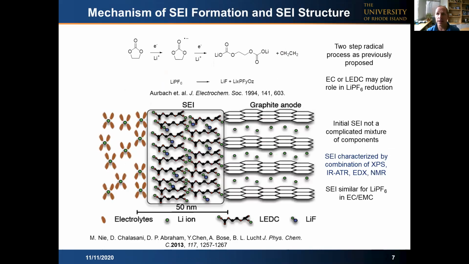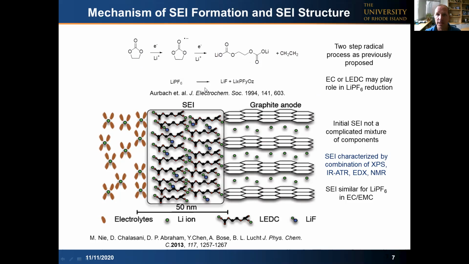So with this in mind, the combination of online OEMS and XPS and SEM and TEM and IR spectroscopy reveals that on the first cycle, the initial formation cycling for an electrolyte composed of EC and LiPF6, the predominant reaction occurring is ethylene carbonate being reduced to generate lithium ethylene dicarbonate, along with ethylene gas.